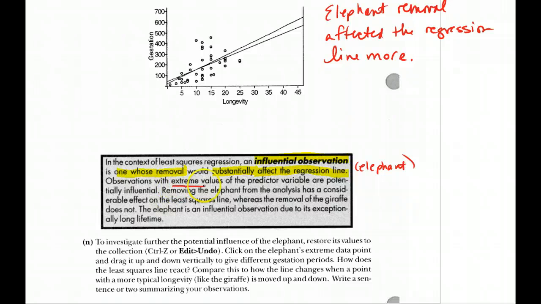The predictor variable is the x value. So extreme values of x. Removing the elephant from the analysis has a considerable effect on the least squares line. Removing the giraffe did not. So we would call that an influential observation.